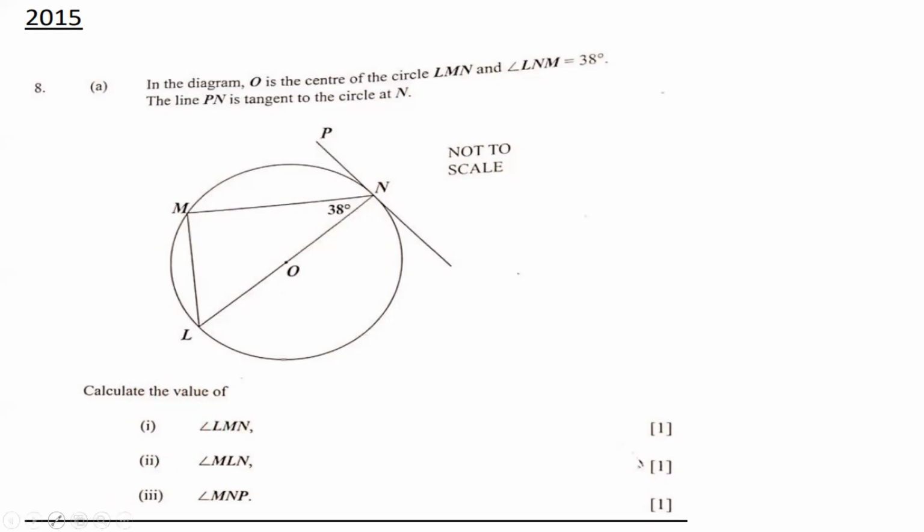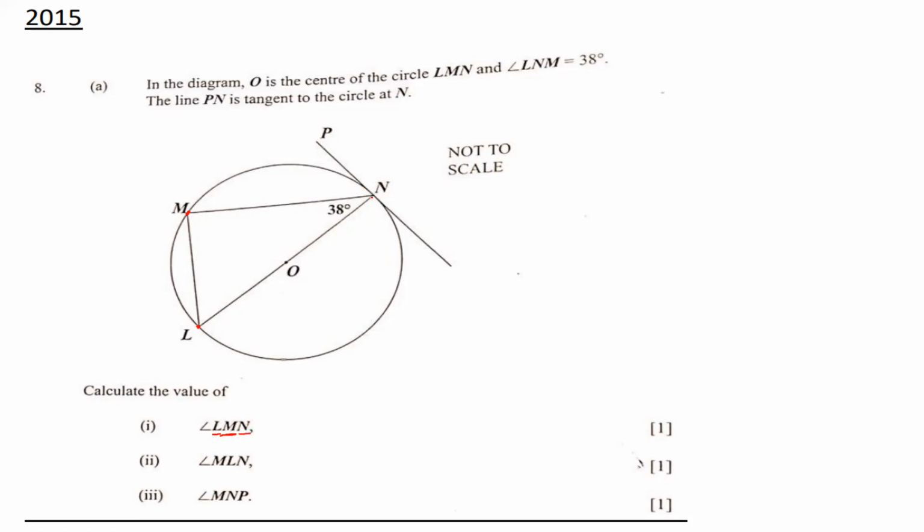So first, let's identify what is angle LMN. Let's figure out the one in the middle. That's M. Let's see where M is. M is right here. Okay, so that's angle M. And then let's see where L is. L is right here. Where is N? N is right here.